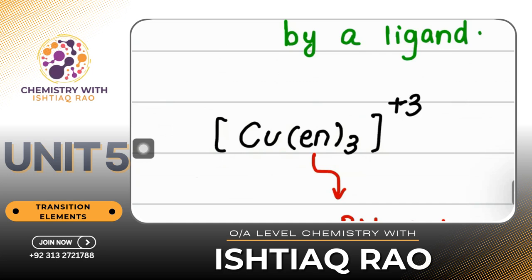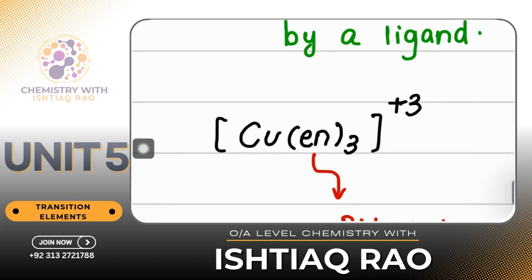Since in this question it's en, and en is a bidentate ligand, it can make two dative bonds. If one en can make two dative bonds, two en can make four dative bonds. So if we have three en, how many dative bonds would it form?